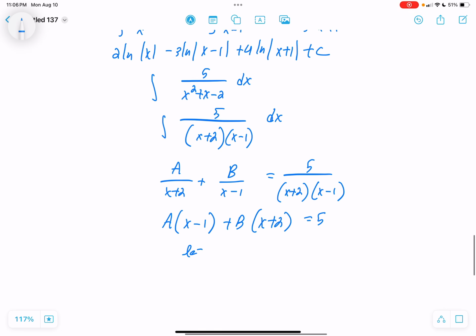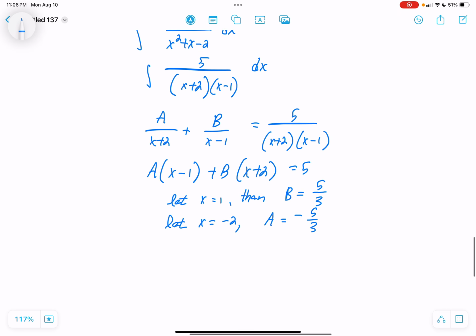If I let x equal 1, then I will get 3b equals 5, and b will equal 5/3. If I let x equal negative 2, I get negative 3a equals 5, so a equals negative 5/3.